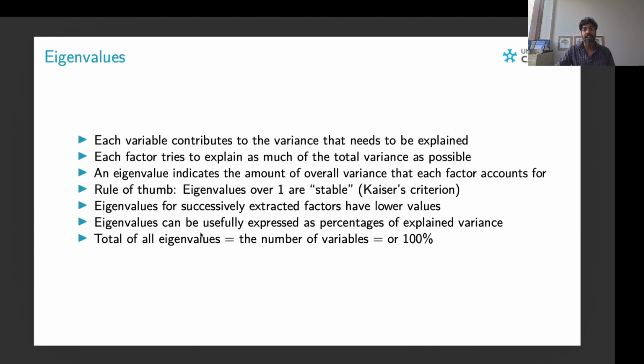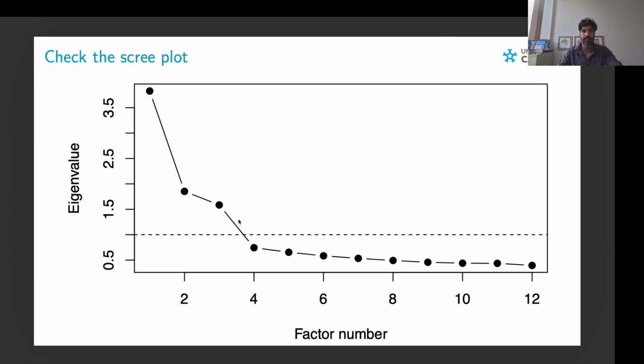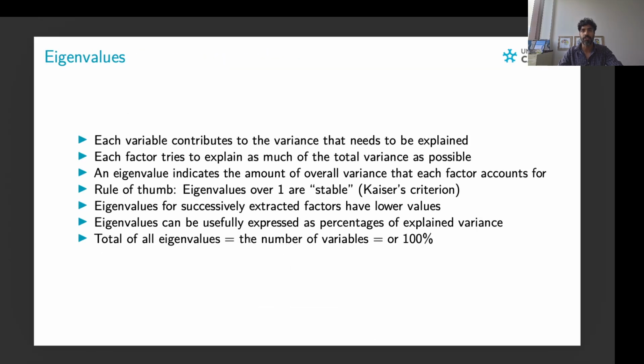So eigenvalues can be used to express percentages of explained variance. So the total of all the eigenvalues is equal to the number of variables, or 100%. So if we were to add up all of these eigenvalues, we should get 12, right? So the total of these eigenvalues adds up to the total of variables that you have, and you can use it as a proportion.